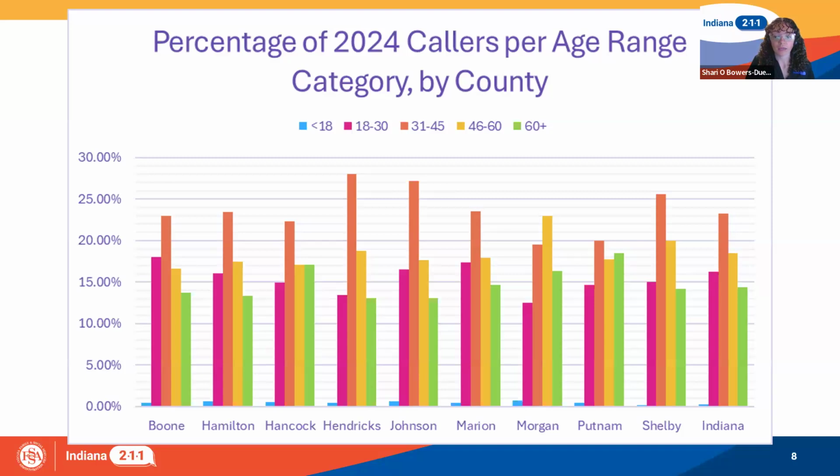The collective outlier here is the younger than 18 age group, with every county in the state having less than 1% of callers from this age group. While youth callers are much less common, we do receive some calls from youth looking for resources.